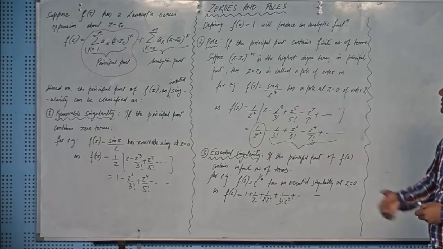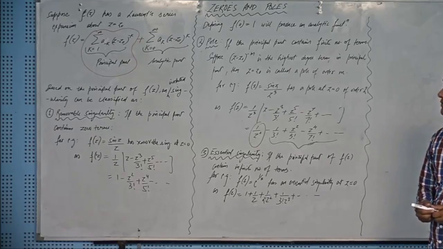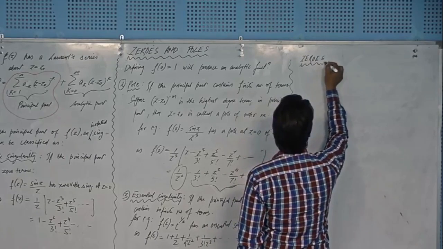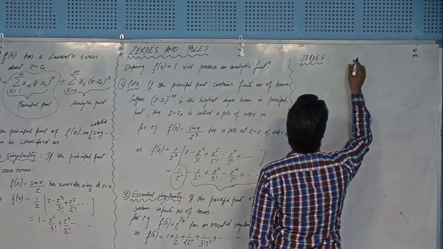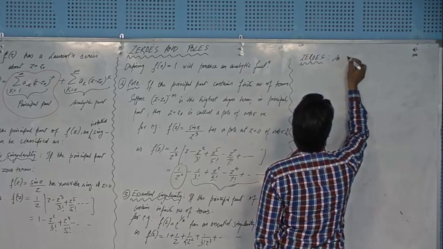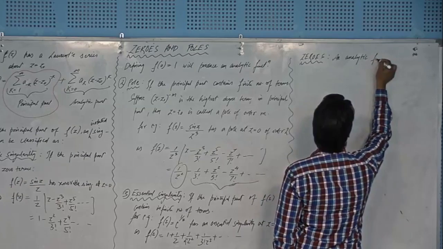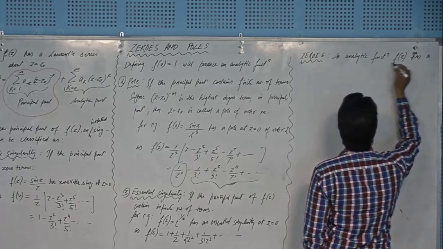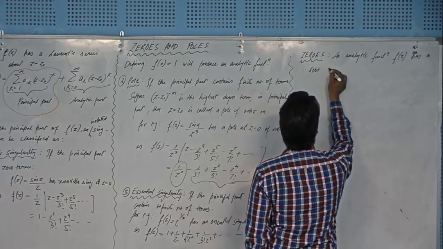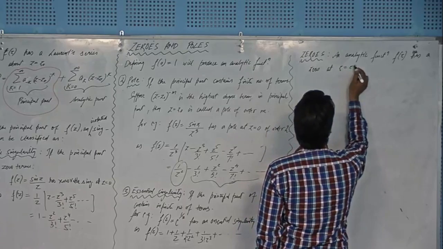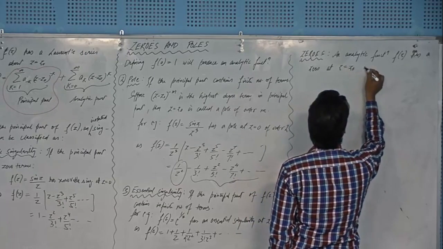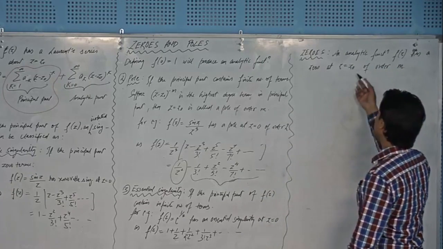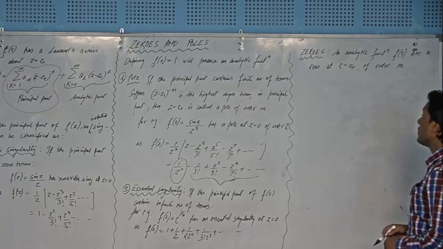So I will write a formal definition of a zero of an analytic function. An analytic function f(z) has a zero at z equal to z naught of order m, right? And a zero also has an order, right?